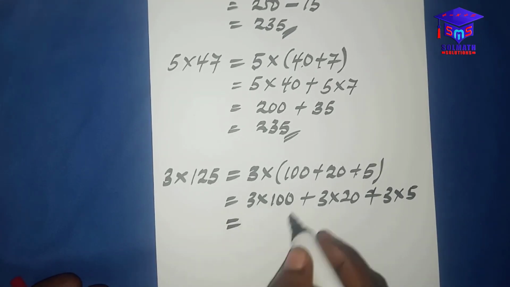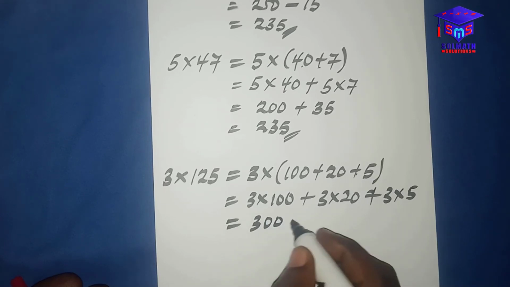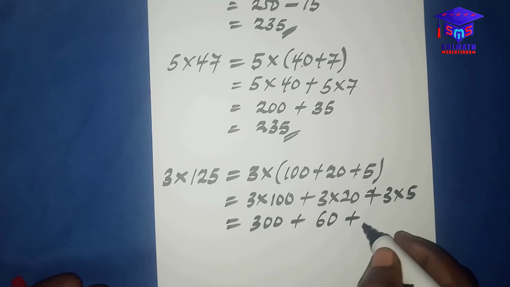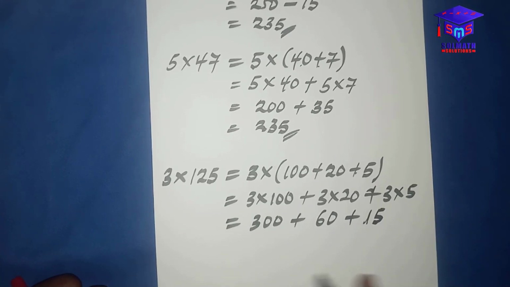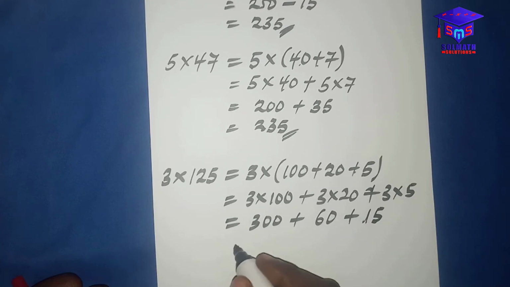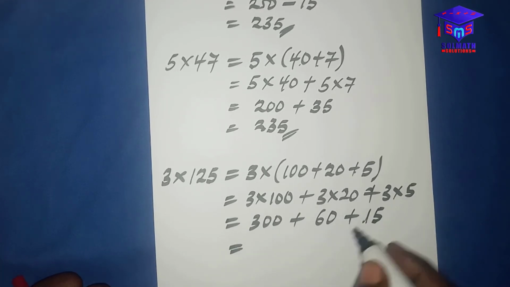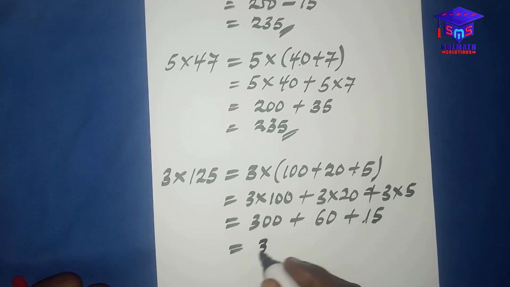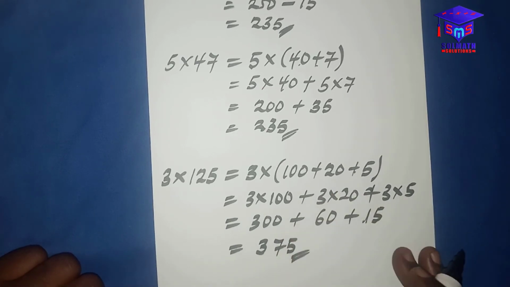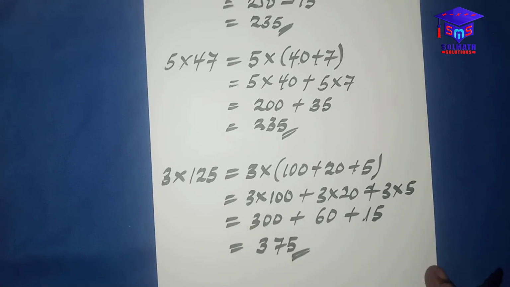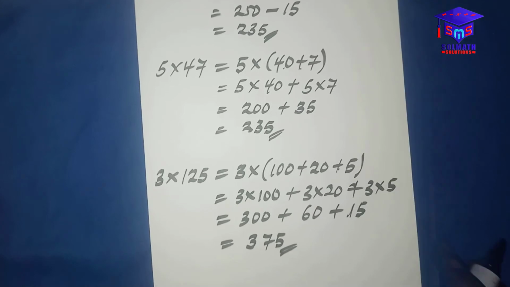This will be equal to 3 times 100 is what? 300, plus 3 times 20, we know this one will give us 60, plus 3 times 5 will give us what? 15. And you can easily add these three numbers. 300 plus 60 will give us 360, plus 15 will give us 375. So the distributive property is mostly helpful when performing operations or multiplications involving big values like this.